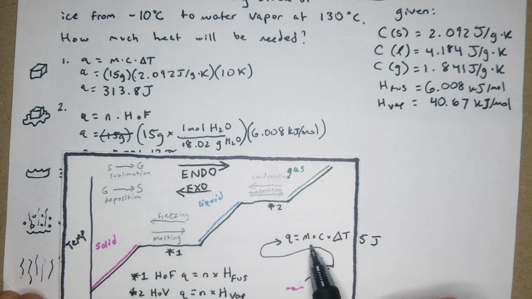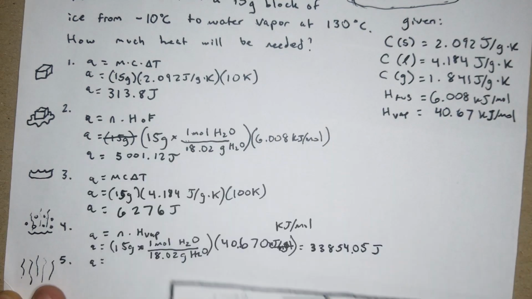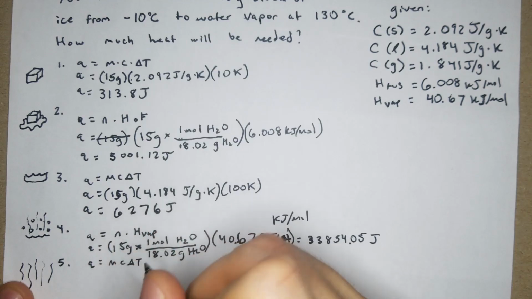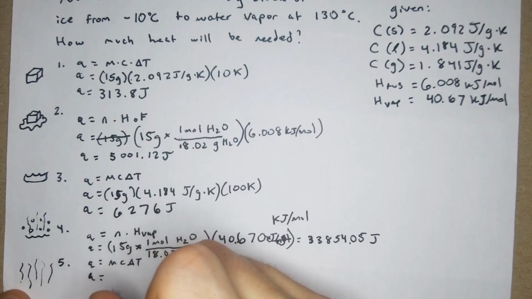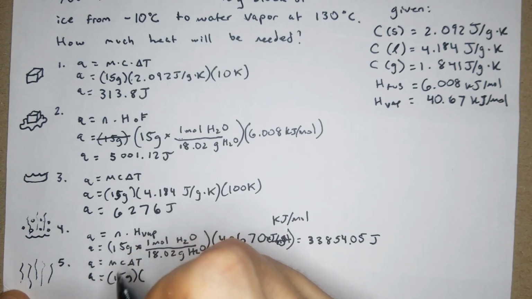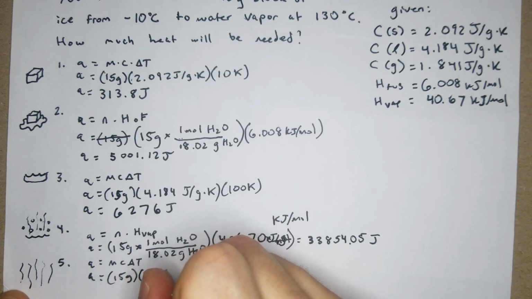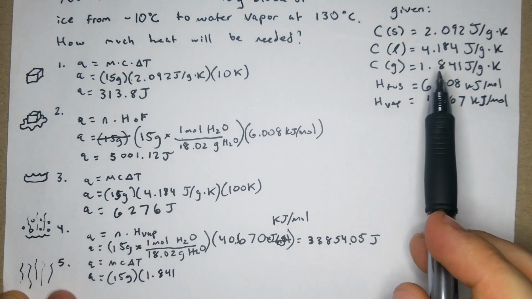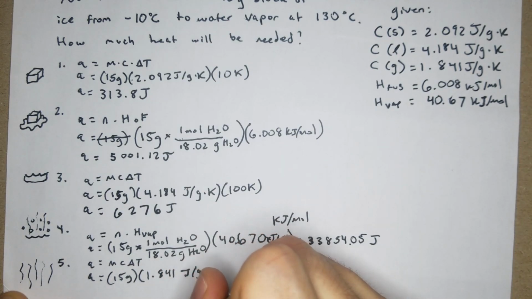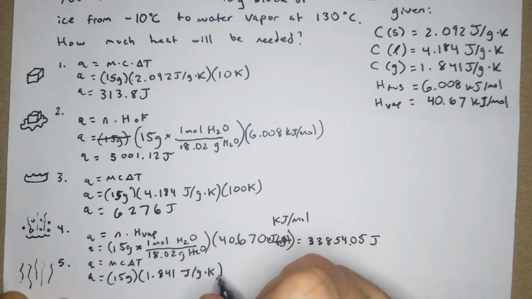So we're back to using our equation Q equals MC delta T. We're going to do Q equals our 15 grams times 1.841 joules per gram Kelvin.